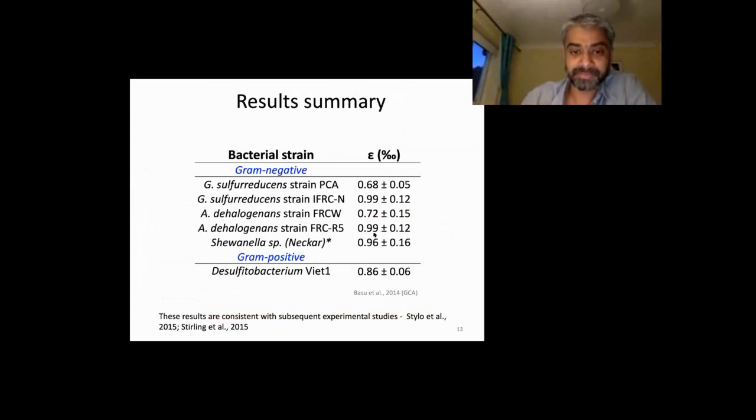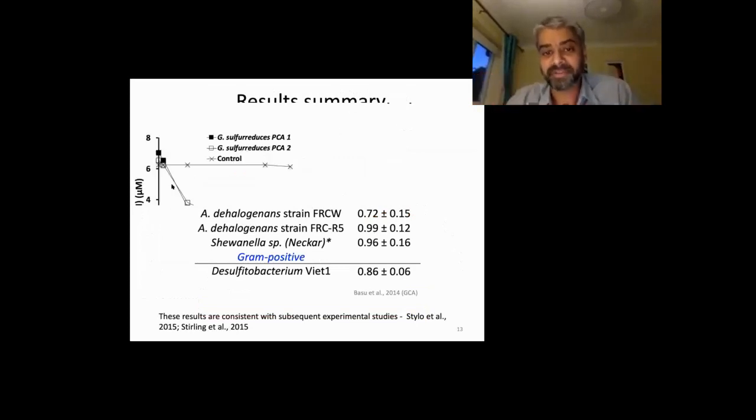It's all good. However, when I put all these values together, what I see is there is a range. So the maximum fractionation predicted by the theory is about 1.3 per mil. And this range I found in the experiments is from 0.7 to 1 per mil.